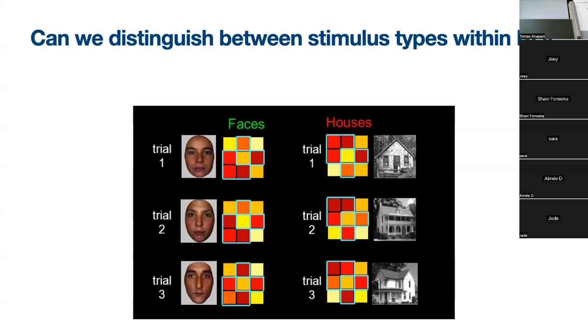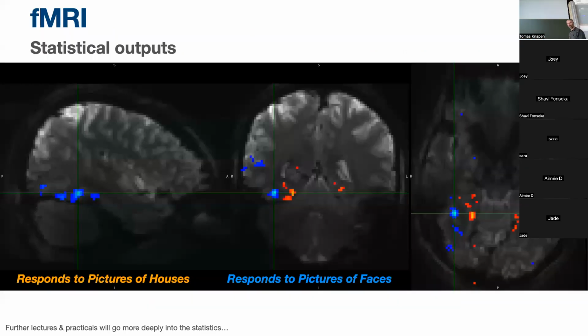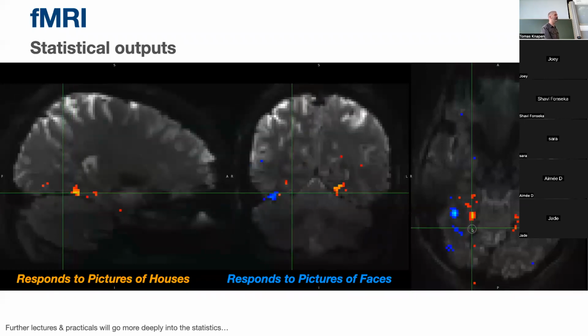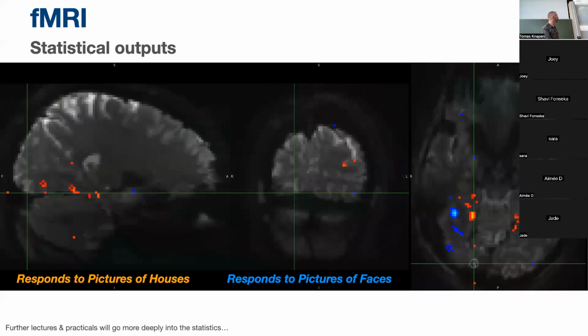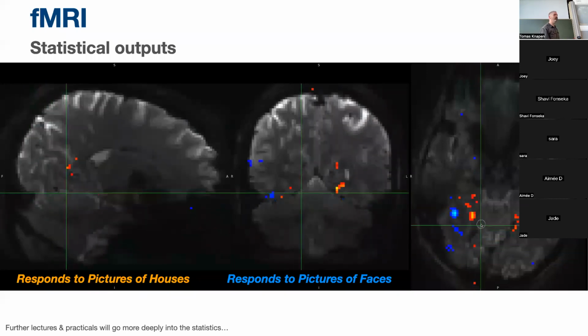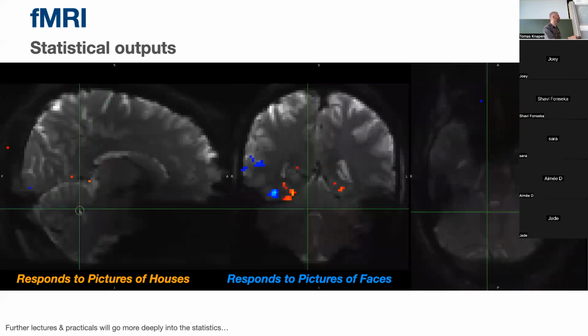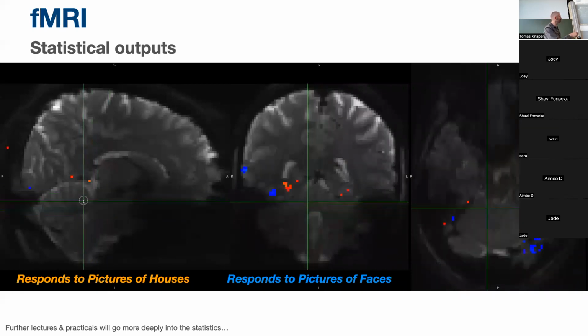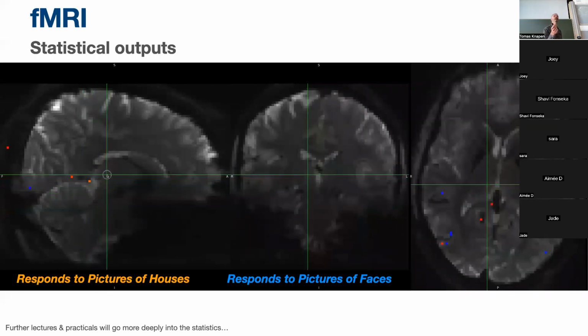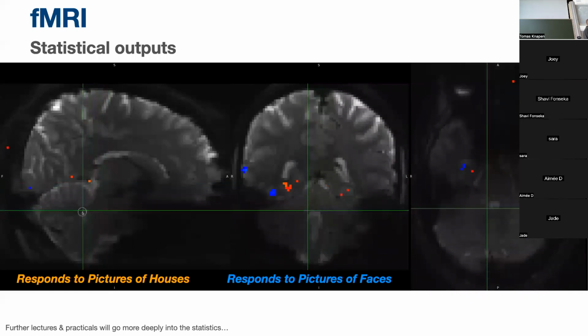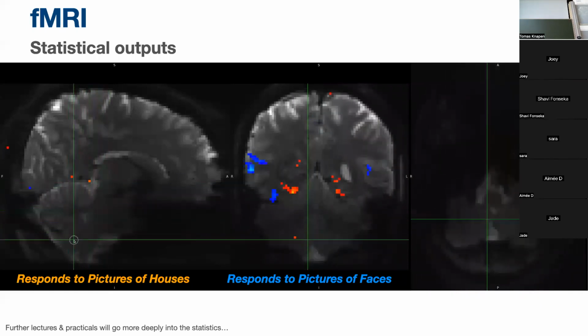Impeccable logic, right? And so if you look at our brain, I wasn't using houses and faces for nothing, right? If we zoom around here, if our region of interest is large enough, if, let's say, this is our region of interest, it has both orange and blue in there, right? So that should give us enough information to decode.